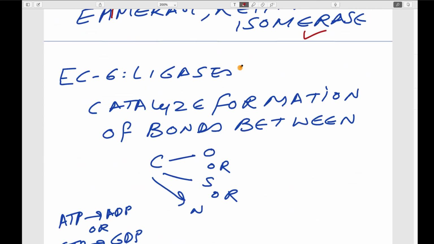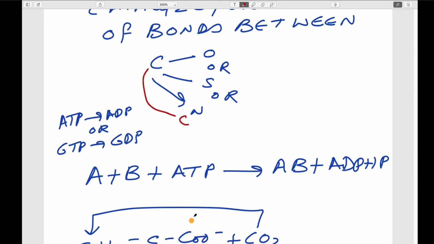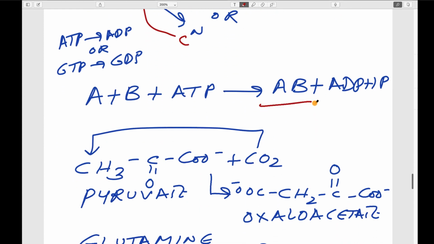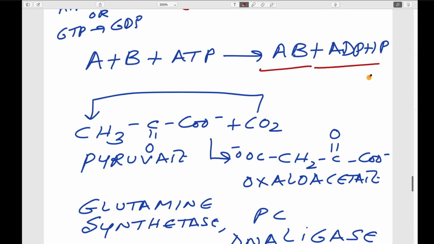The sixth one is ligases. They catalyze the formation of bonds between carbon and oxygen, carbon and sulfur, carbon and nitrogen, and also carbon and carbon. Here ATP is used, and also GTP. This is coupled with ATP, which is utilized to form the bond.